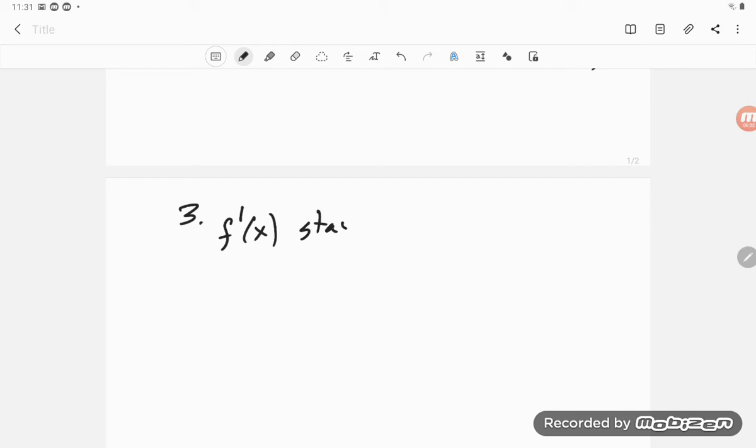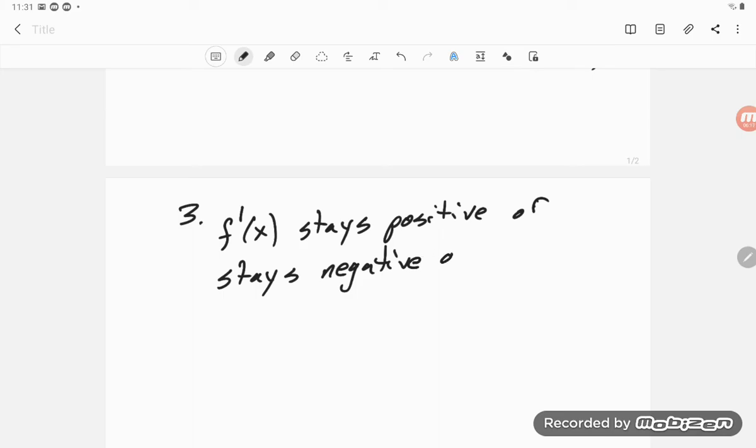stays positive or stays negative on both sides of C. So that could happen.